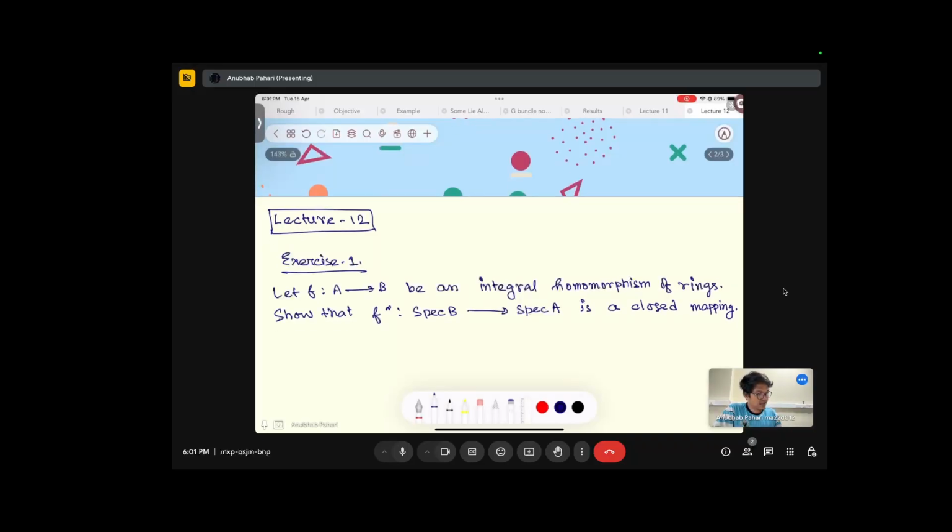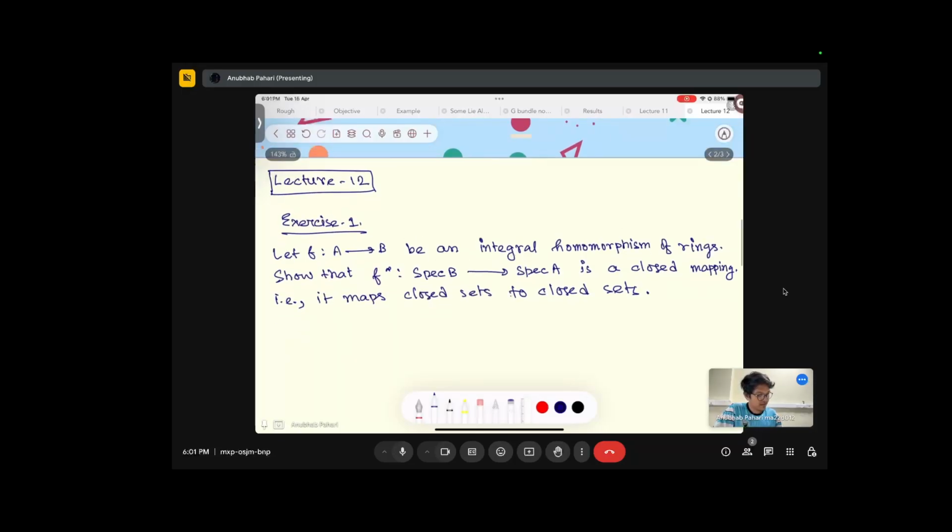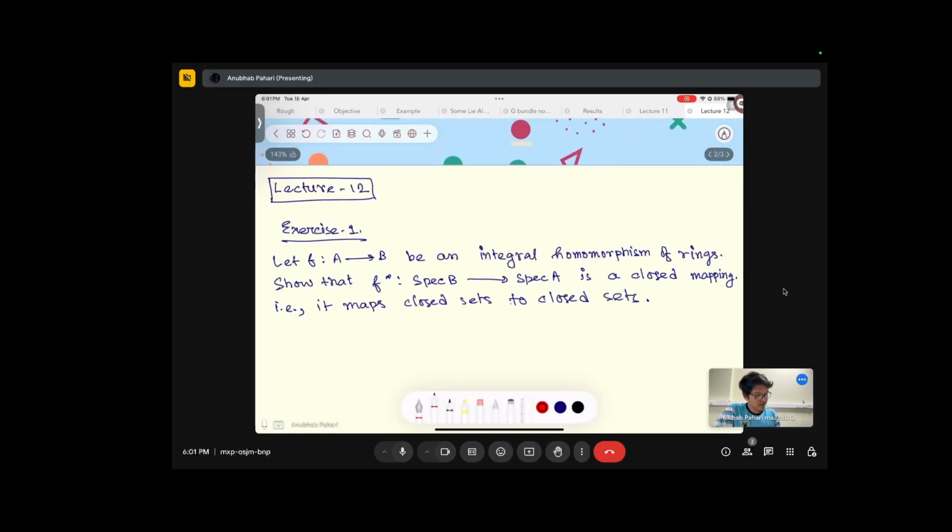A closed mapping maps closed sets to closed sets. So we'll start solving this problem.